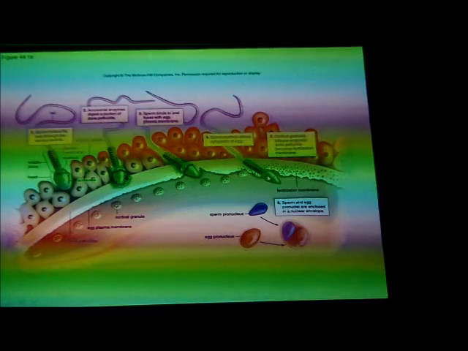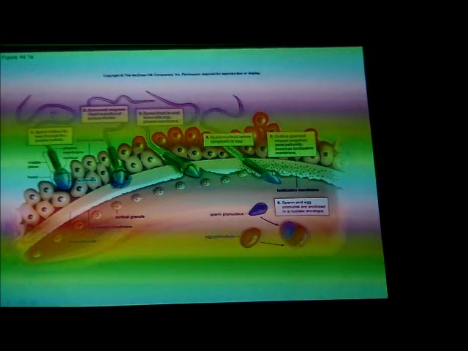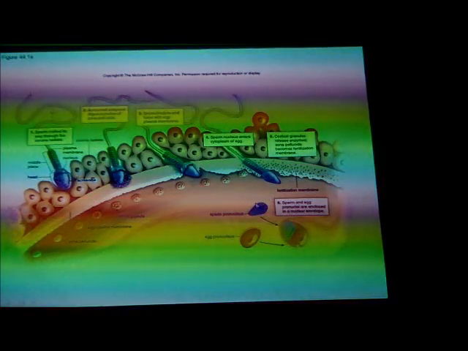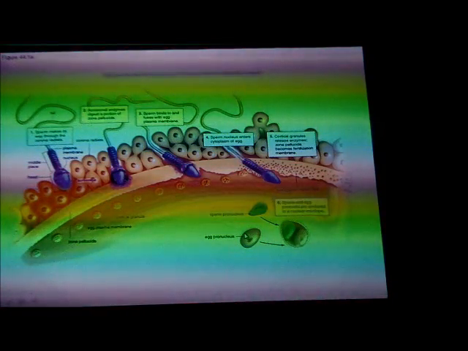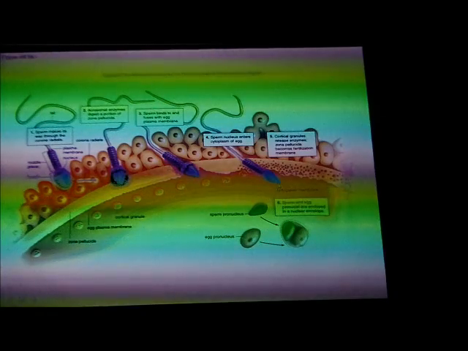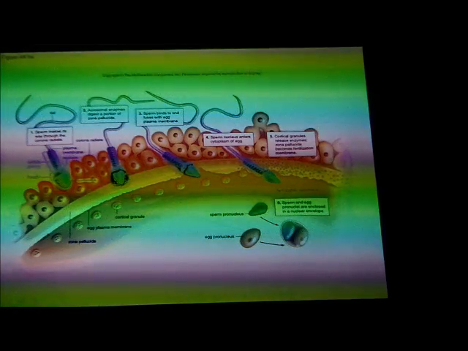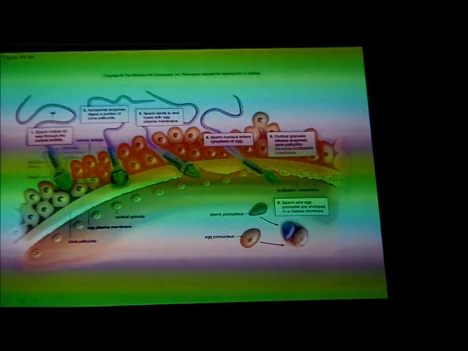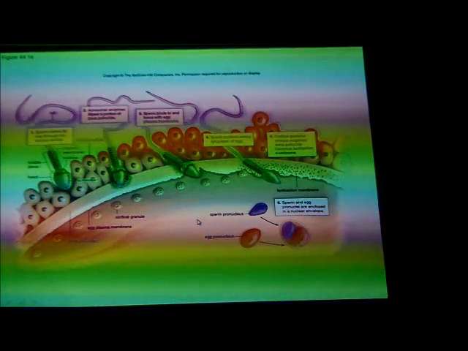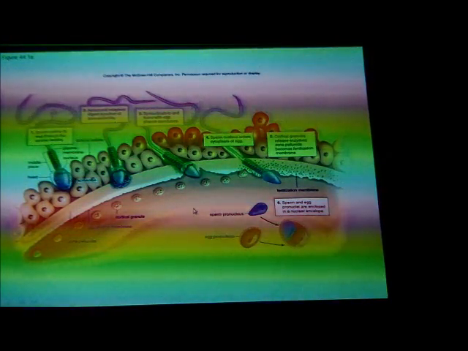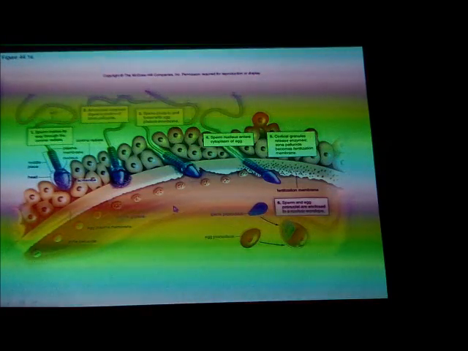And so it only lets one sperm cell in the egg. If two sperm cells got into the egg, you'd have way too many chromosomes and the fertilized egg would die. So that's kind of interesting. It's called a cortical reaction that all of a sudden makes the membrane impermeable to other sperm. Isn't that interesting? So this is what was happening after your parents had sex.